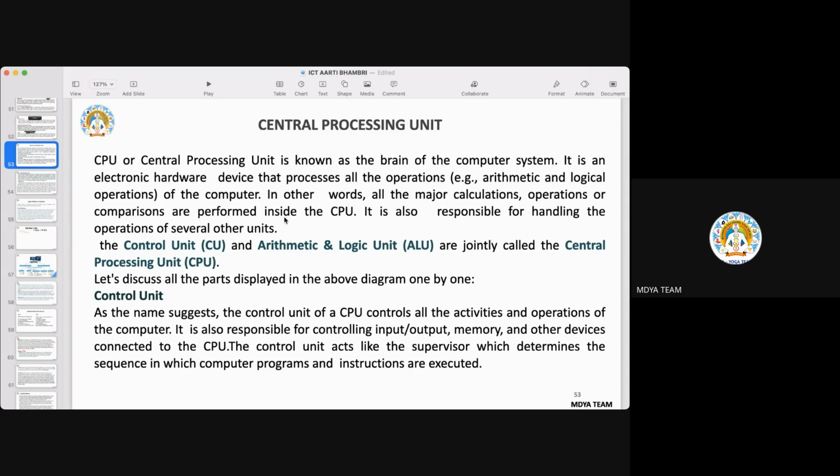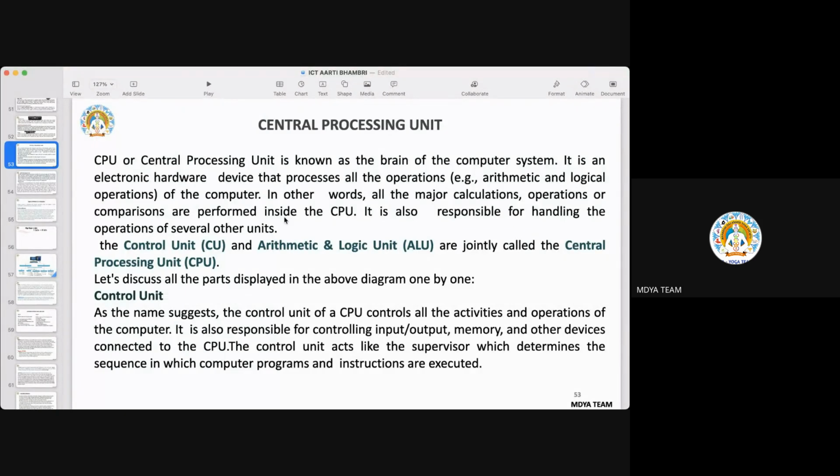An IC also contains some circuitry, some combination of gates or switches like transistors and diodes, and many circuitries there. But you can't change it. If you want some change, you have to change the whole IC, that is the integrated circuit.